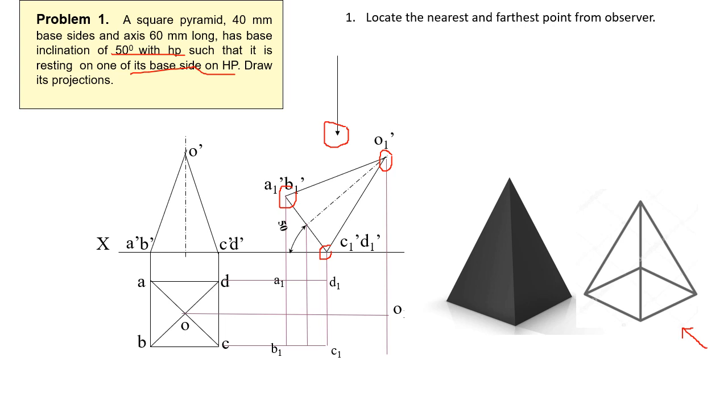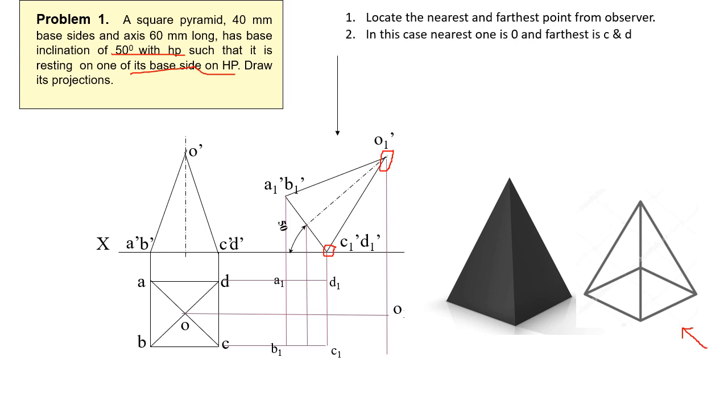Now first what we have to do is locate the nearest and the farthest point from the observer. Okay, I told you this is the observer. So locate the nearest and the farthest point. So which is the nearest point? O1 is the nearest point, and C1 D1 is the farthest point from the observer.